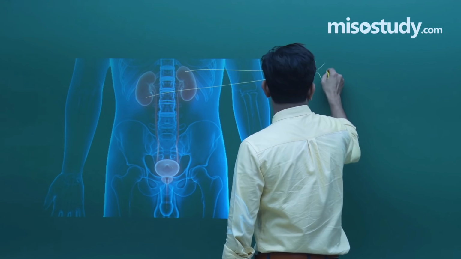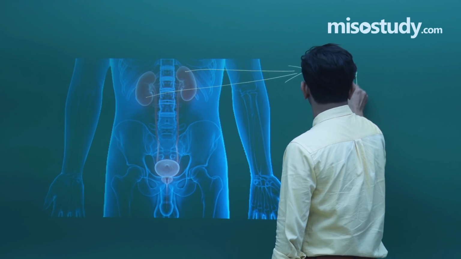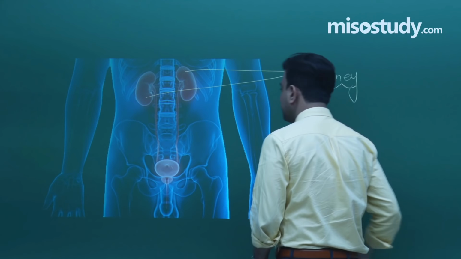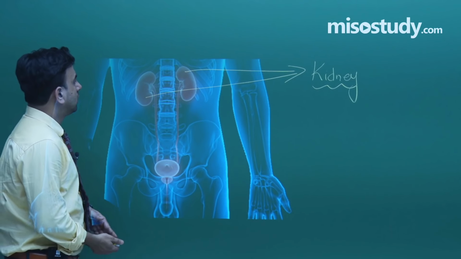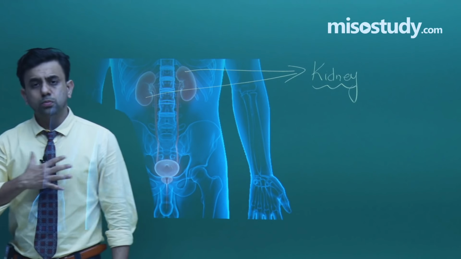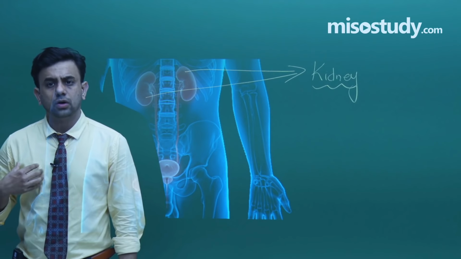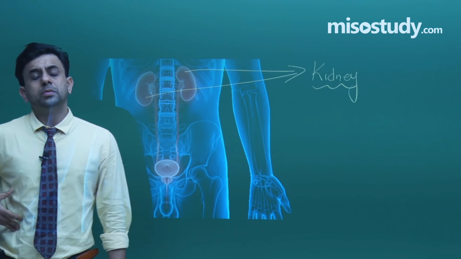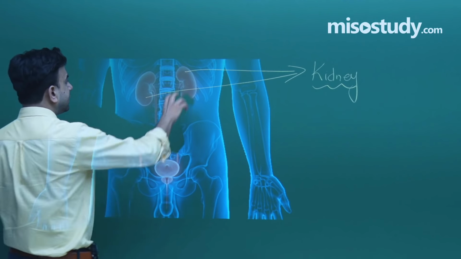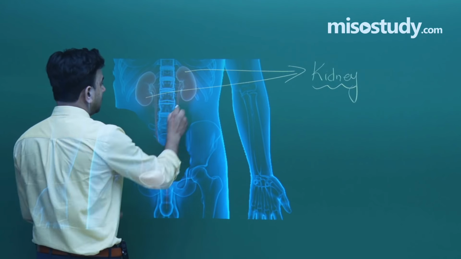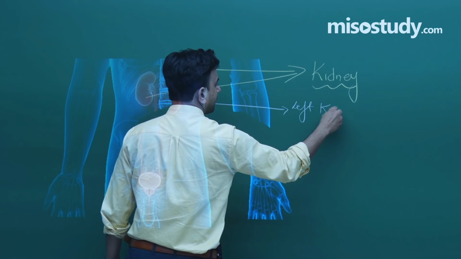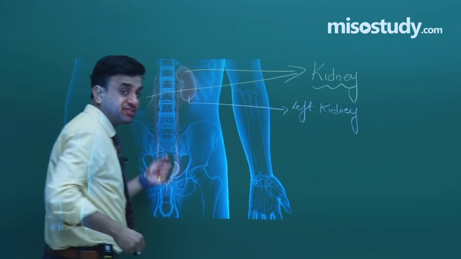Both of these are the kidneys. Now as we know, when I'm talking about my body, this right side will be the right kidney. Now, when I'm looking towards the board, this will become the left kidney, because I'm facing towards the board.